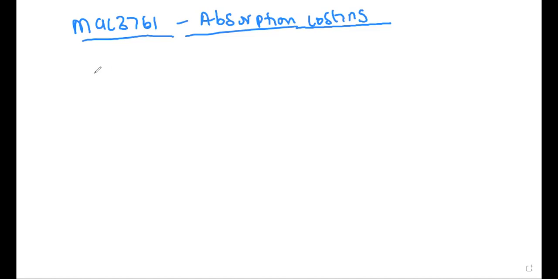Someone who has done this MAC3761, when I look at all the syllabus for CTA, I don't see anything new there. I just see maybe they put it in another way, but most of the things you have done. So if someone understood these modules at third level very well, then even the CTA is going to be very easy.